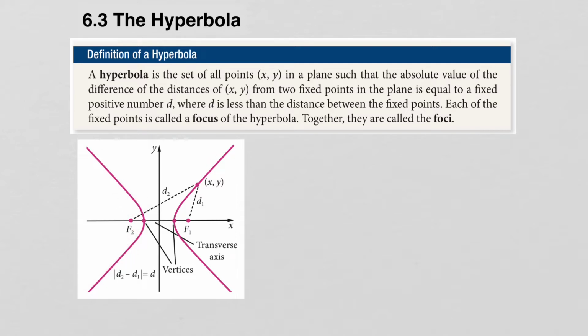Anyway, if you look at the point on the hyperbola here, there is a fixed point over here, which is one of the foci, and there is a fixed point over here, which is the other focus. If you take the longer distance minus the shorter distance, that number is always a constant when you are a point on a hyperbola. So that's the definition.